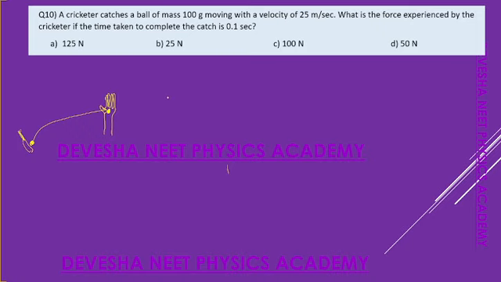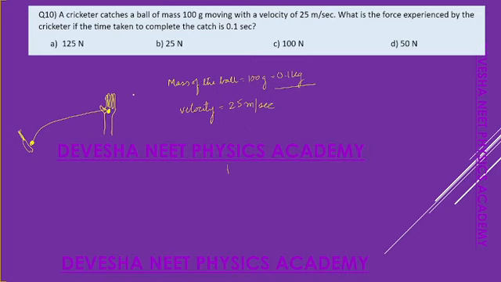Okay, so the mass of a ball is equal to 100 grams, which is equal to 0.1 kg. Okay, what is the velocity? It is equal to 25 meters per second. Okay, so now when the ball is being caught, at this point the velocity is 25, right?